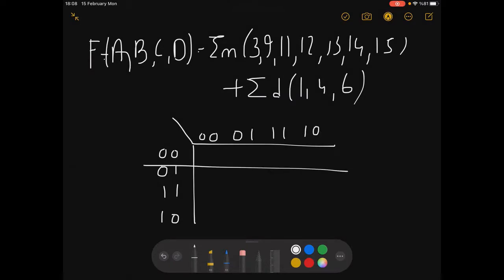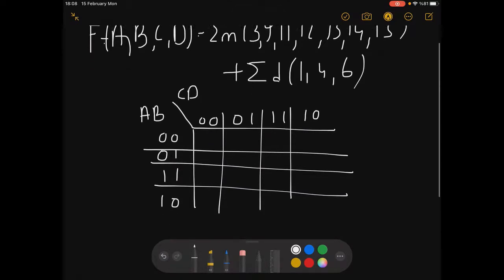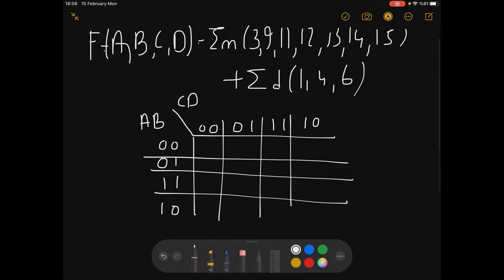A, B, C, D, and okay, 0, 1, 2, 3, 4, 5, 6, 7, 8, 9, 10, 11, 12, 13, 14, and 15.